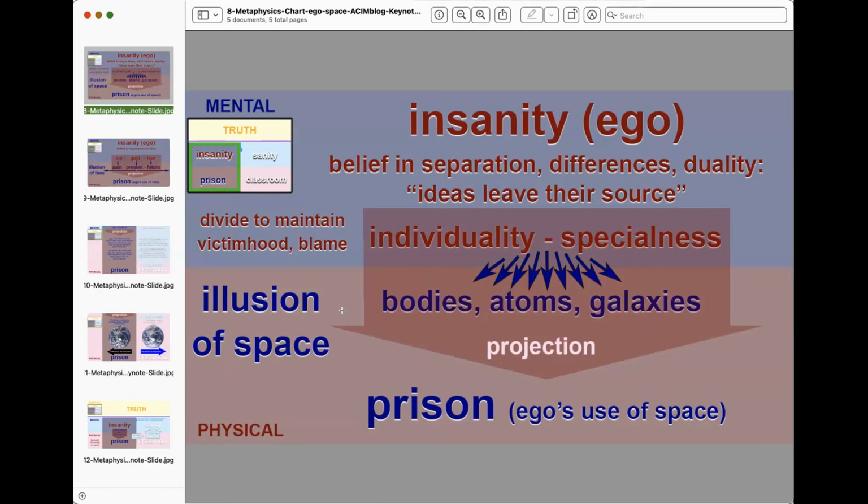And we just have to notice that, and as Ken would say, with a little inner smile on our face, just say, oh yeah, there I go again. I must have been afraid of the love that was outside this whole part of the chart that we're looking at, and I have to trust the Holy Spirit to guide me out of this prison.